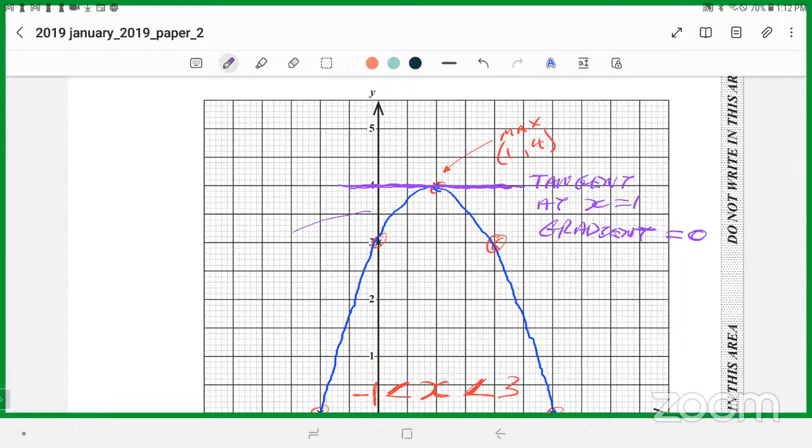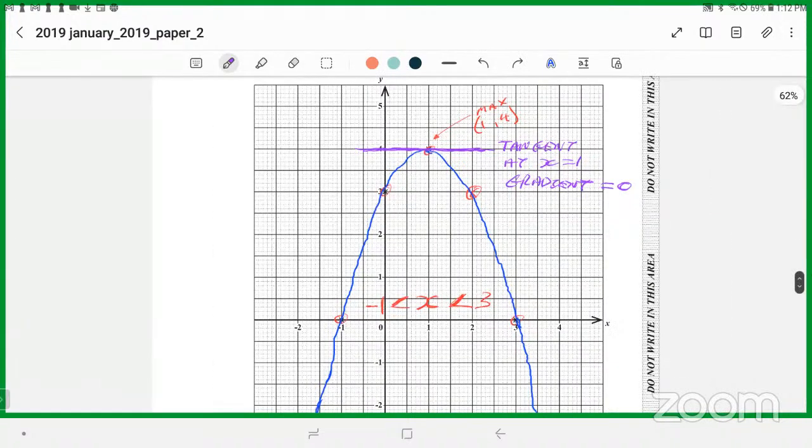So if I want to find the gradient of a curve at this point, I would have to draw a tangent at that point, like so, right here. I would have to draw a tangent passing through this one point and find the gradient of that tangent. That would be the gradient of a curve at this point.